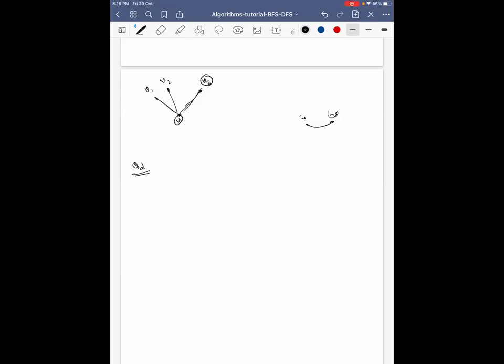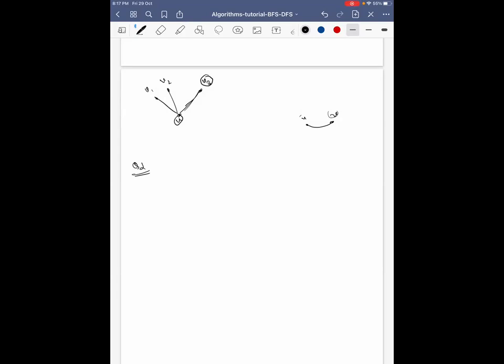No, but that will ensure reachability from the town hall. I want reachability to the town hall, right? Yeah, all the green vertices are vertices which have a path to the town hall. But then how will you identify such vertices? We will run the DFS and it will reach a point A. What will be the source of your DFS?